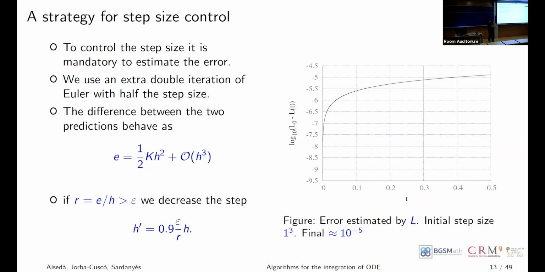If this condition happens, this is a quantity, epsilon over r, which is smaller than 1. So I'm in fact multiplying h by something smaller than 1, and I get something smaller. And then this 0.9 could be a 0.85. It's heuristic, and it's considered a security term to make sure you're in fact reducing the step enough. So if this happens, I reduce the step size.